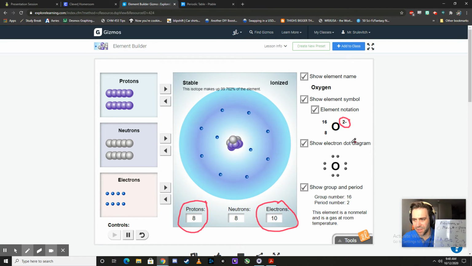Okay, so this means that there are 2 more electrons than protons. But why is it negative? That might be the question you're wondering. It's negative because electrons have a negative charge. So when you add 2 negative charges, it becomes more negative.